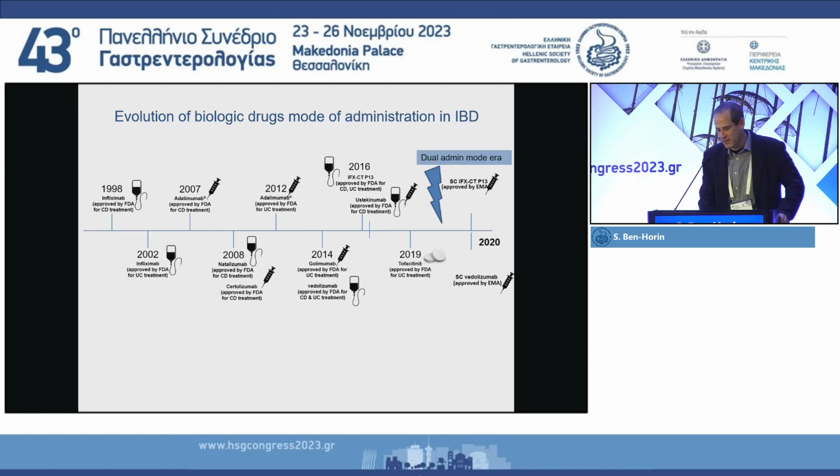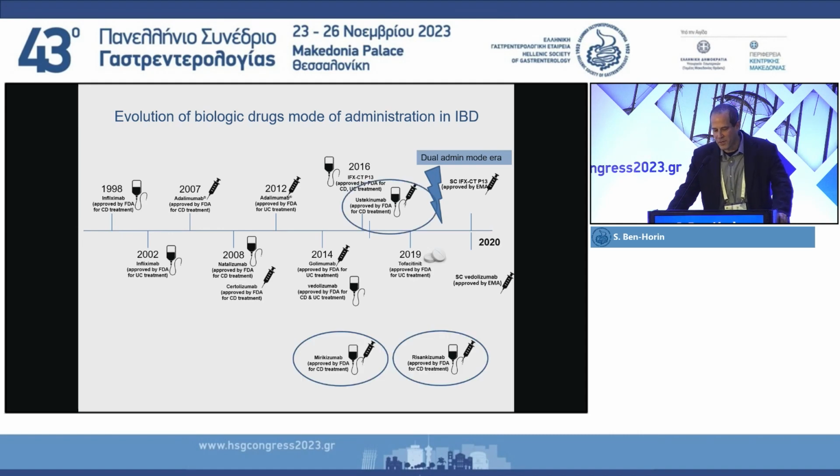sub-Q formulations for IV. However, what I didn't show in the morning is that when we talk about moving from IV to sub-Q, the pharma companies have realized that there are some benefits to this concept. If we think about it deeply, this has already been done with ustekinumab, which has been approved for several years, and we use it.